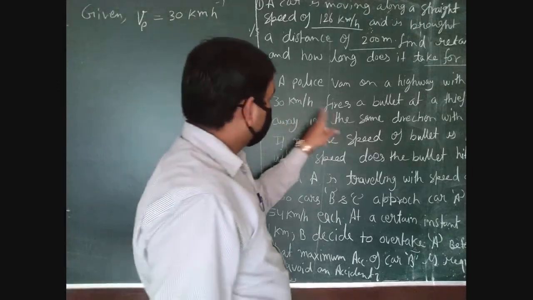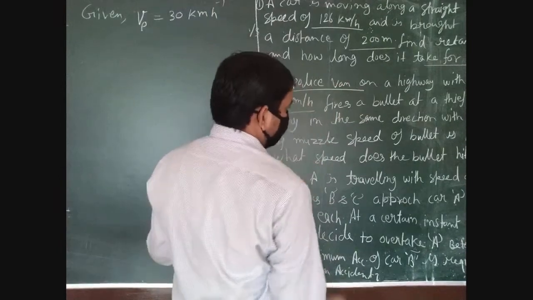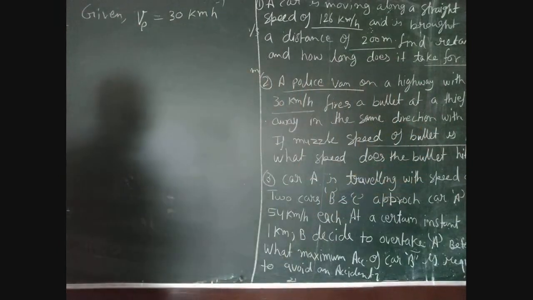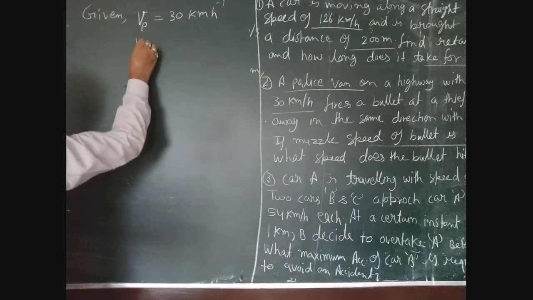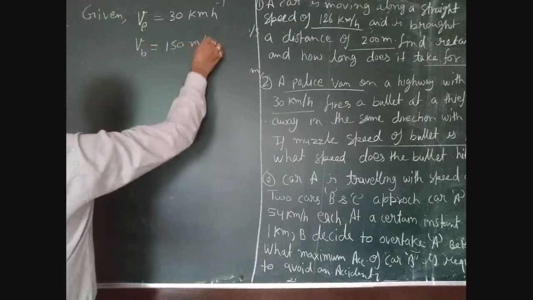And second thing, the policeman fires a bullet with a speed of 150 meter per second. So just write here the speed of bullet, it is 150 meter per second.